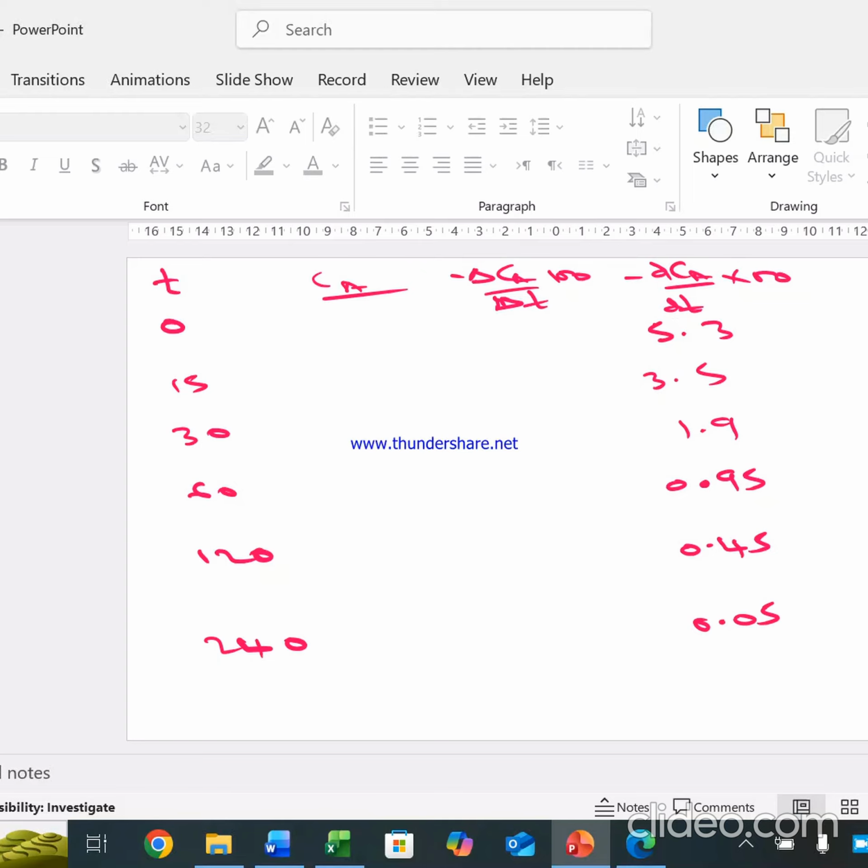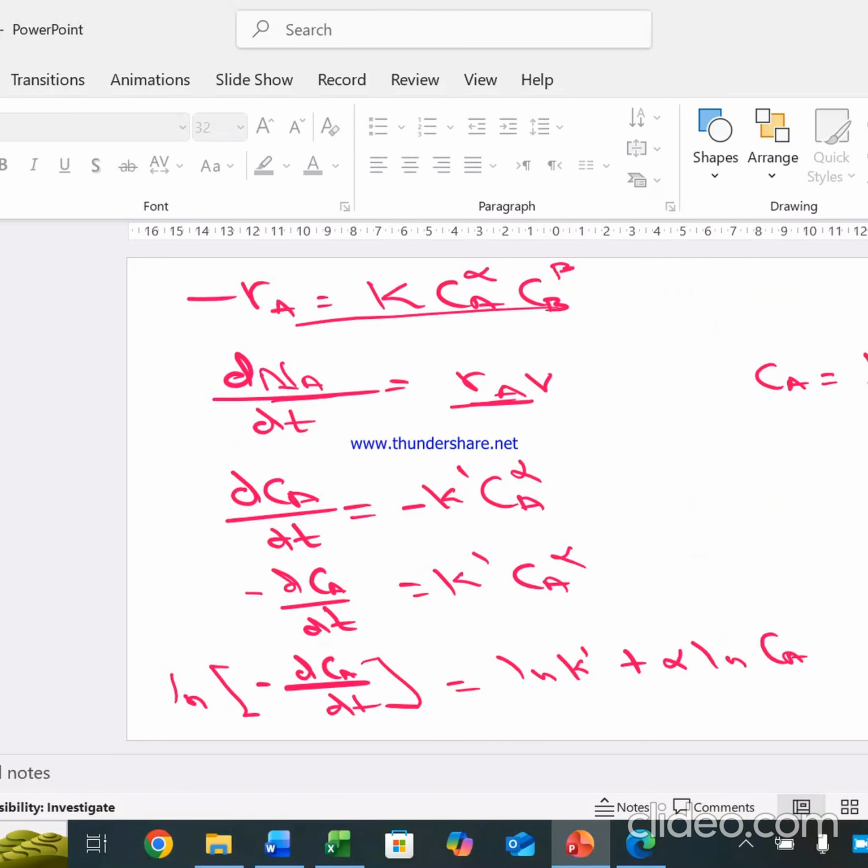So the next task, if you remember where we started from, is that we want to plot ln of minus dCA/dt against ln CA in order to get our slope as alpha and our intercept as ln k prime.